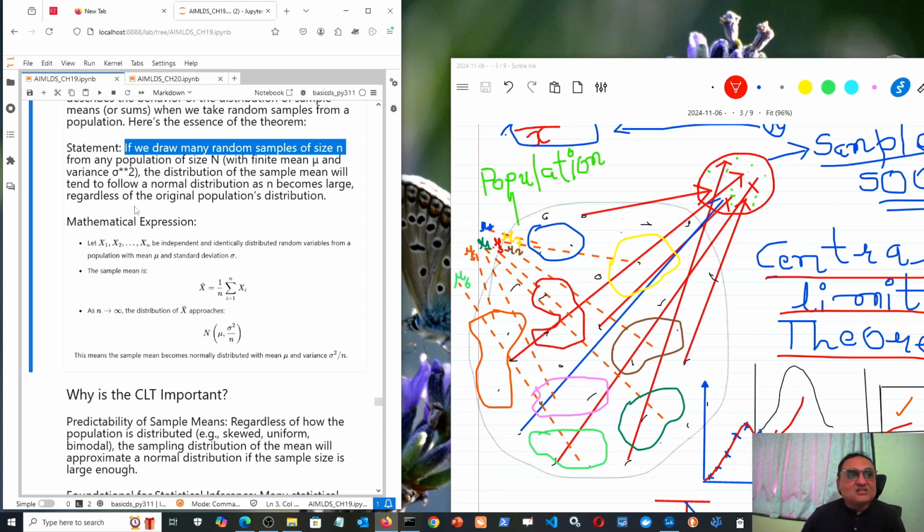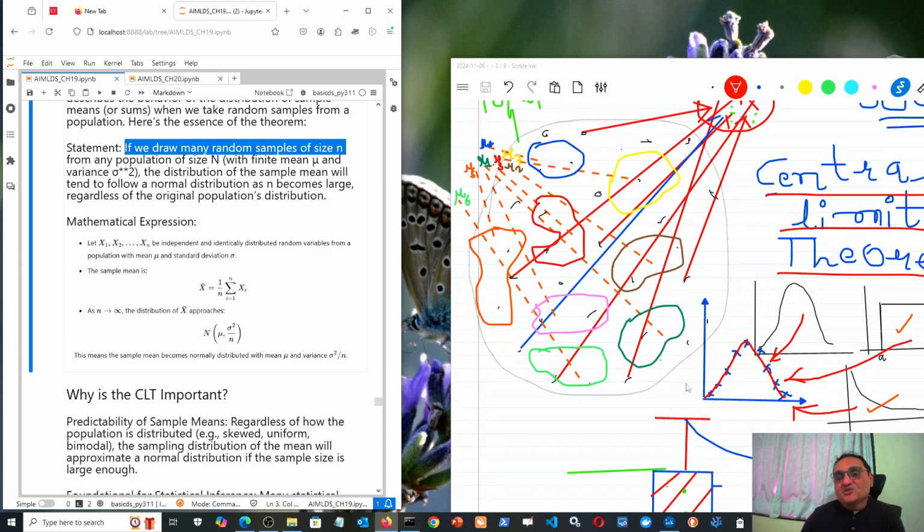Suppose 20,000 samples are taken, then find the means of all samples. Then this blue colored distribution of sample means is always normal as n becomes large.